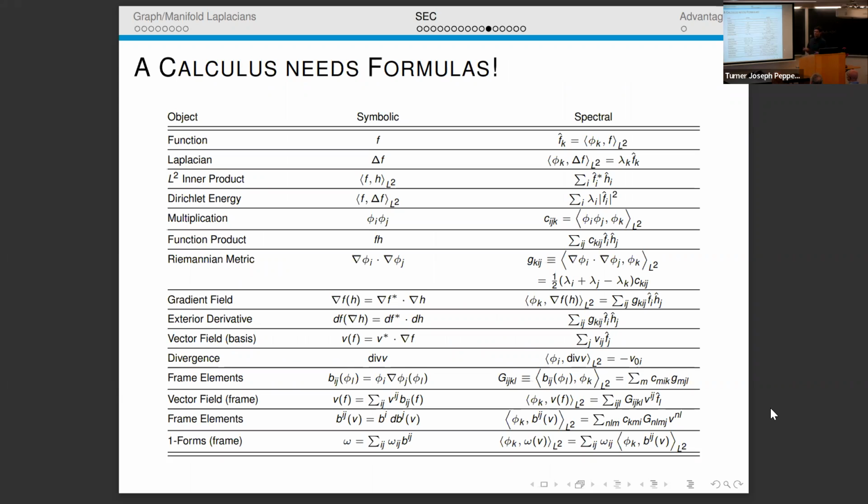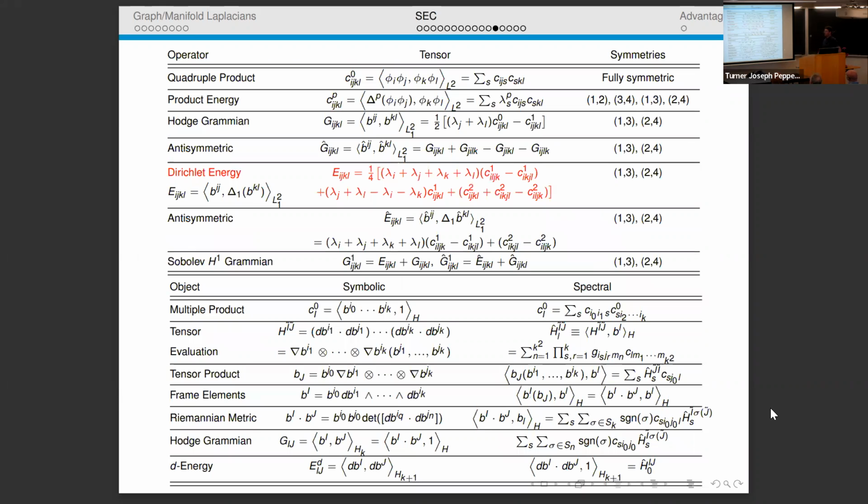All right, but we wanted to build this beautiful calculus, so we went to town creating formulas. This was the one that we just made. Here's the Riemannian metric, and its formula in the spectral exterior calculus is this formula that we just derived. And you can go on and start to encode all the other things. What if you take a gradient of a vector field? What if you take the exterior derivative of some form, the divergence operator? You want to encode all these classical elements in this spectral interpretation.